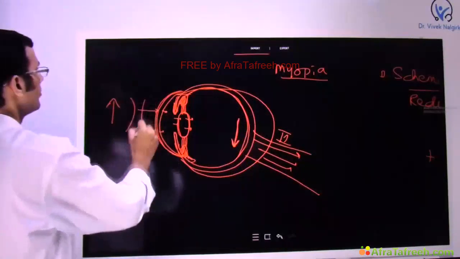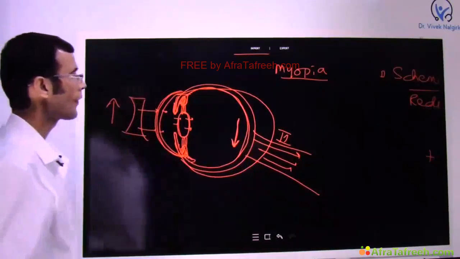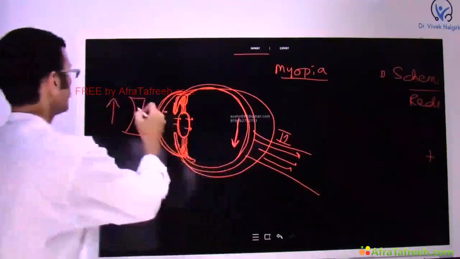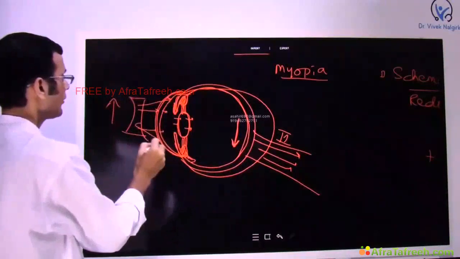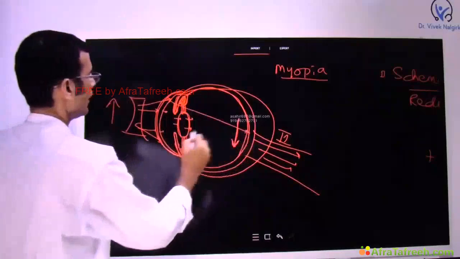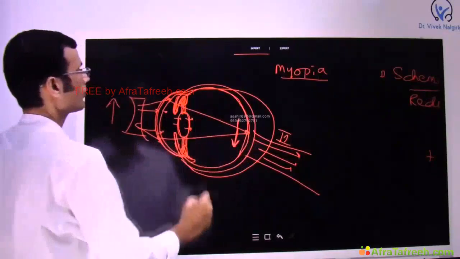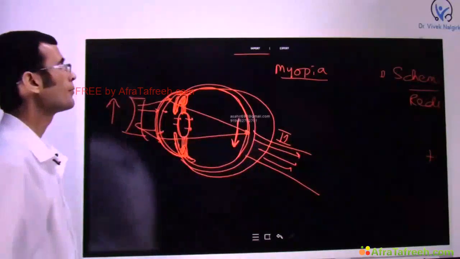Treatment is placing a biconcave lens so that there is divergence of the light rays as they enter the eye, and then as they converge, the image will be formed on the retina.